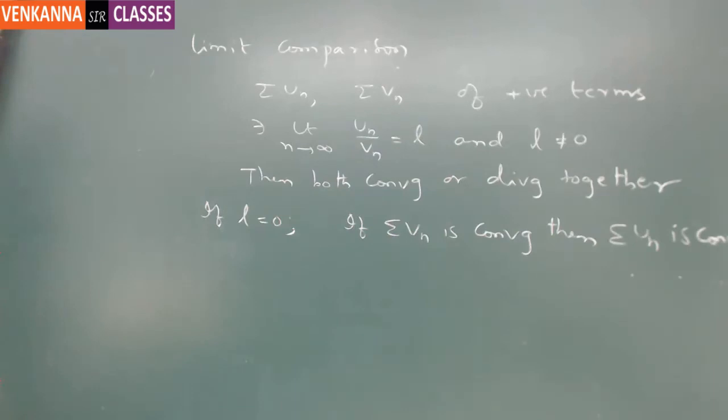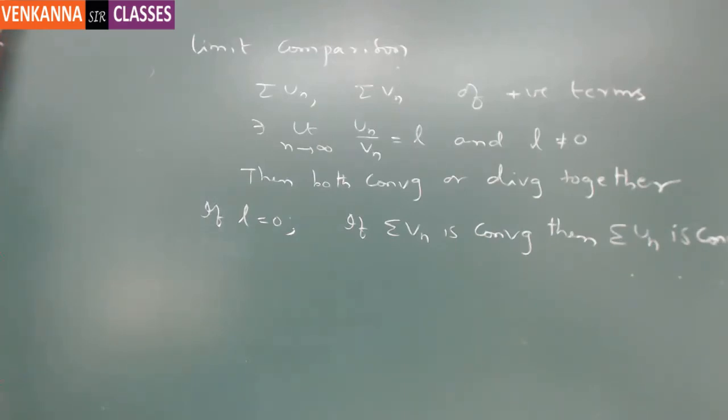So here I have taken two series. I am calculating the limit of un by vn. So un means nth term of the first series, vn means nth term of the second series, and the limit exists. If the limit value is not equal to 0, then both the series have the same nature.